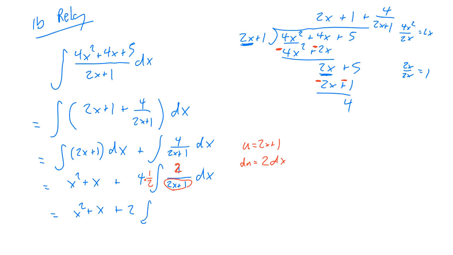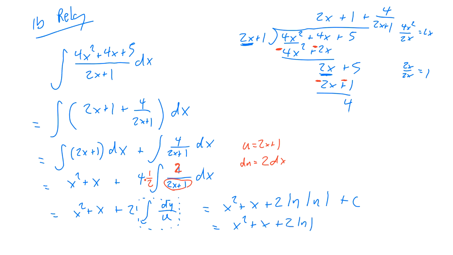Now the 2 dx becomes du. The 2x plus 1 is u. And notice I'm back to this pattern of du over u, so that's going to be a natural log. So I have x squared plus x plus twice the natural log of the absolute value of u plus c. And I'll substitute the 2x plus 1 back in. And that's what I get.